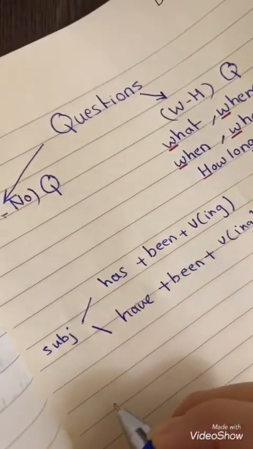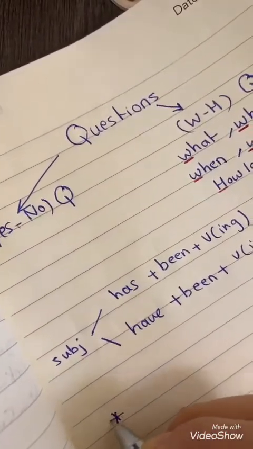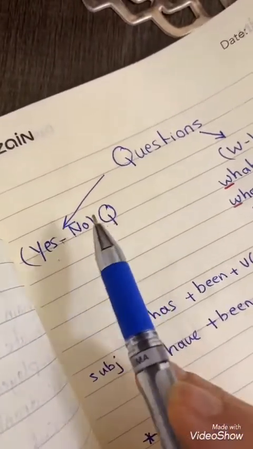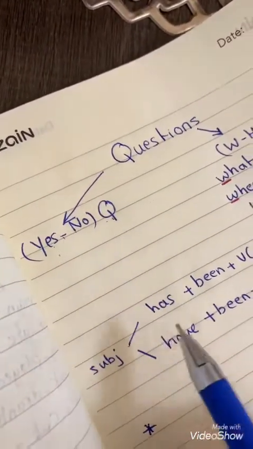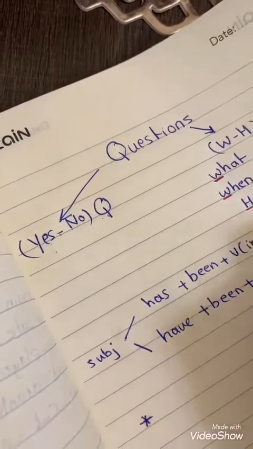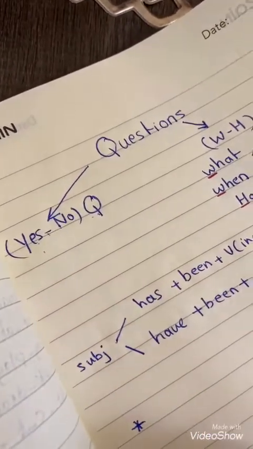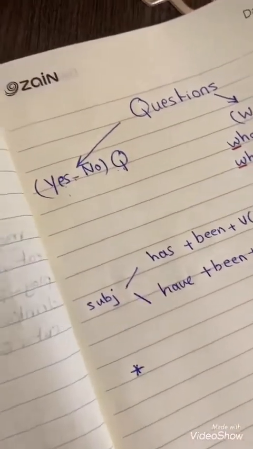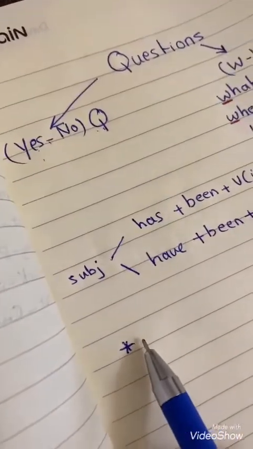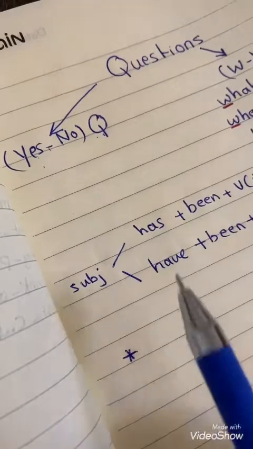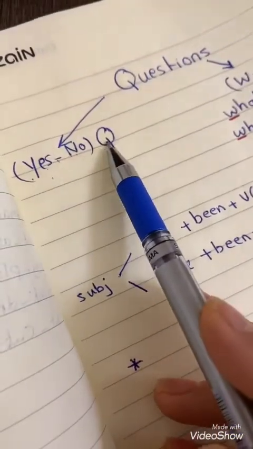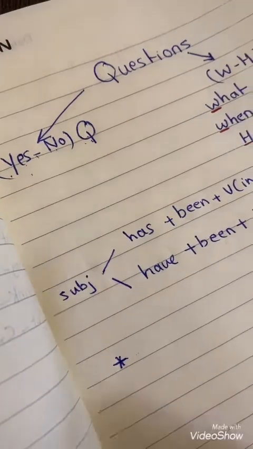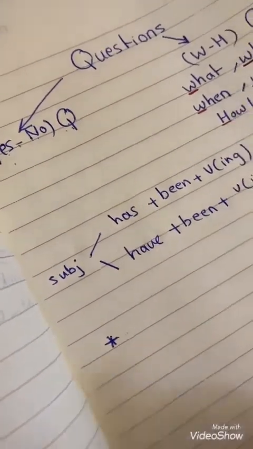Okay, look at this example. I will write here a yes or no question by using the present perfect continuous. Look.